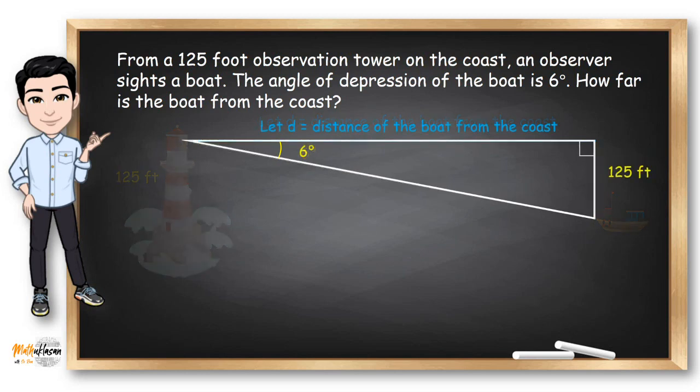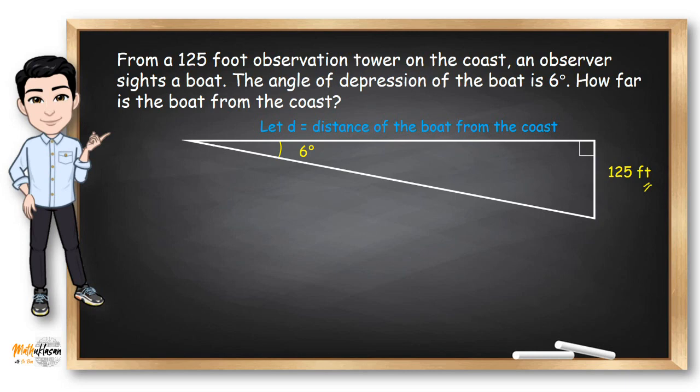At para hindi tayo malito, try nating iwanan yung triangle lang. You can see here that if the 6-degree angle is the reference angle, 125 feet here is the opposite side, while D, which is the missing side, is the adjacent side. Now, anong pwede natin gamitin sa SOHCAHTOA?